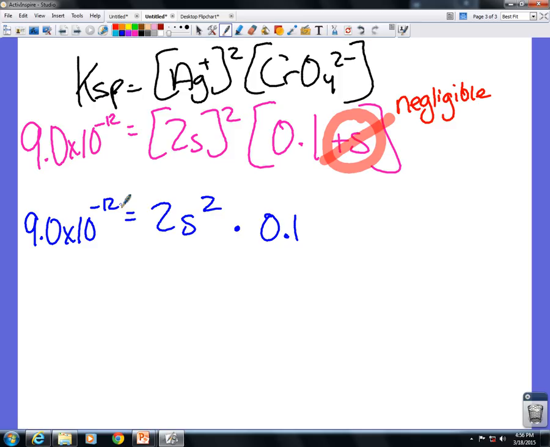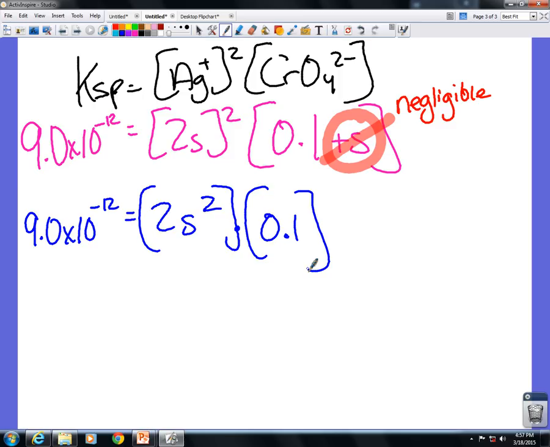What's the first thing mathematically we would do to solve for S? I guess we could keep it in brackets, make it a little simpler. Divide by 0.1. I would leave everything separate and do it as is.